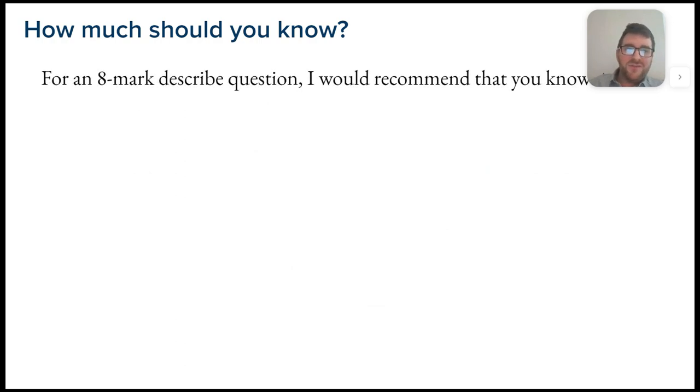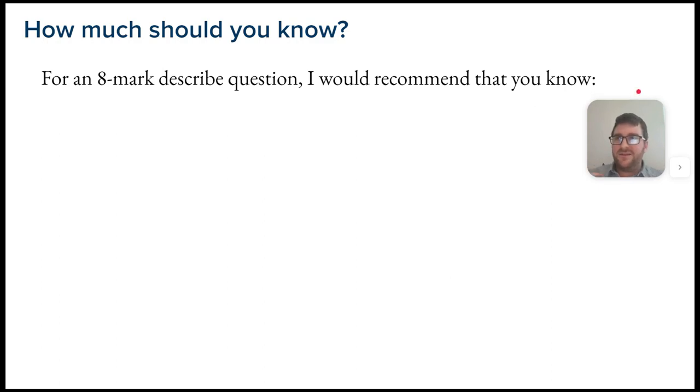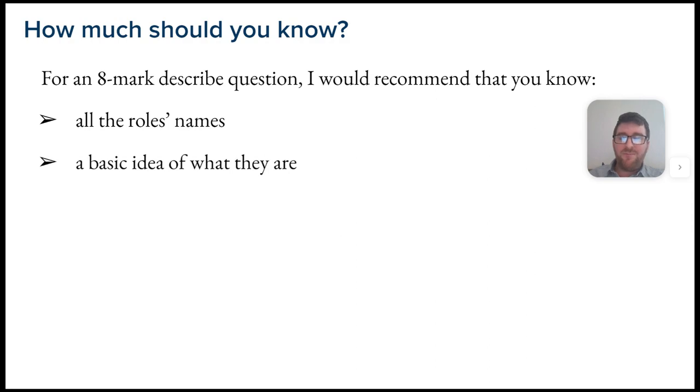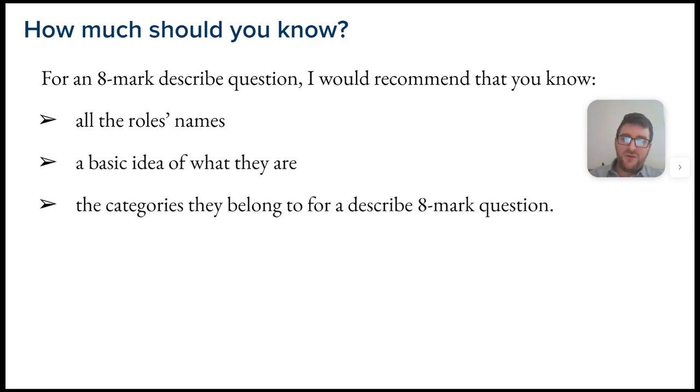So I'm often asked, how much of this should you know going into an exam? Because it's not difficult in my opinion, but it is a lot to remember. In an 8-mark describe question, I think you should know all the roles' names. Although you may not have time to write them down, you should know them all. You should have a basic idea of what they are, and you should know what category they belong to.